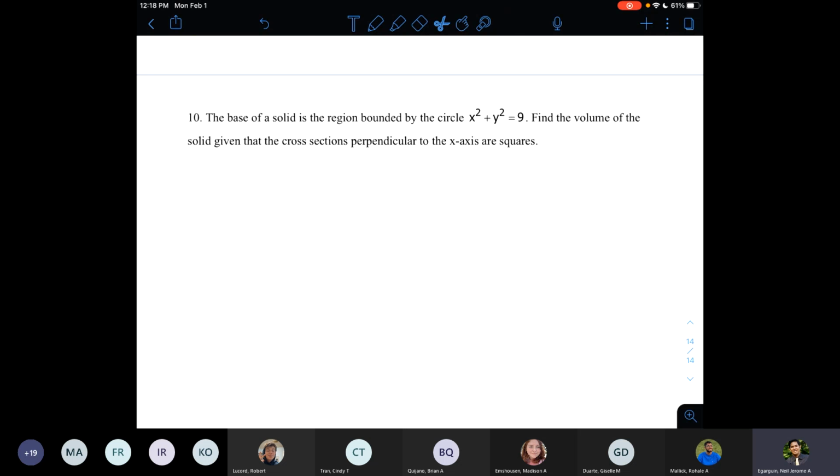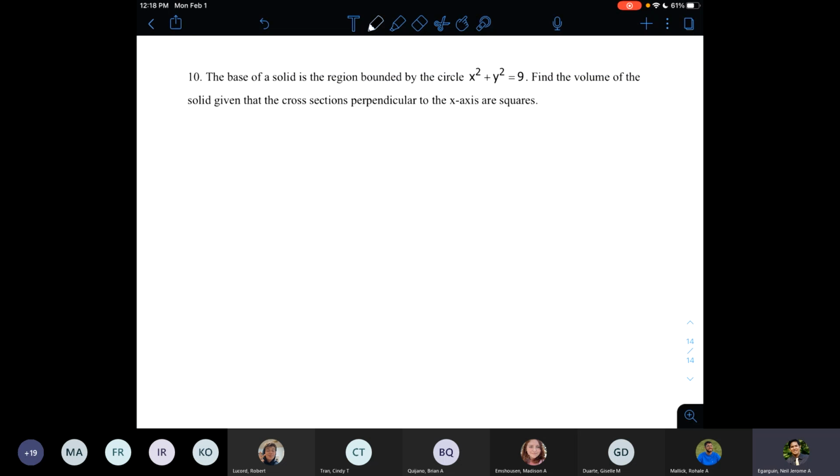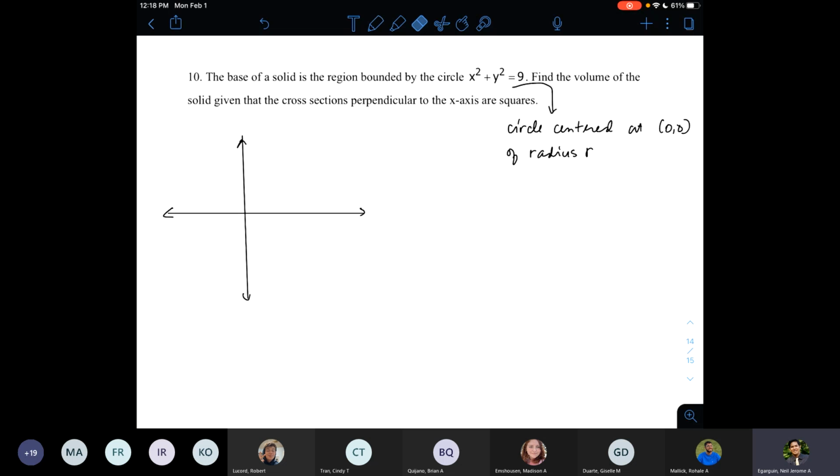So here, the base of a solid is the region bounded by the circle x squared plus y squared equals 9. So basically, I'll draw a picture here quickly. Remember, x squared plus y squared equals 9 is a circle centered at the origin of radius 3, if you remember your conic sections.